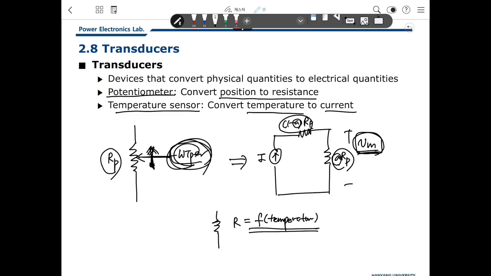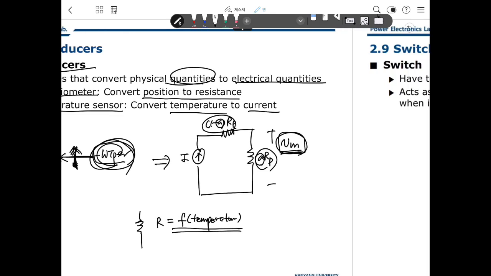By that, you can guess the temperature of the surroundings, I mean the environment around the material. That is a kind of temperature sensor. These sensors, which convert physical quantities to electric quantities, are called transducers.